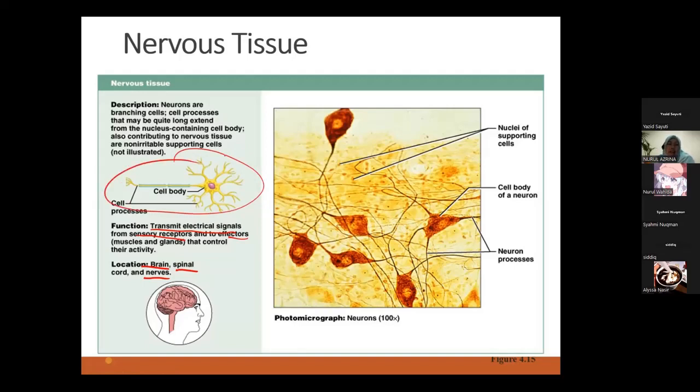And this is neurons. So besides the neuron itself, there are other supporting cells surrounding the neuron, right? So what are the supporting cells? We call them neuroglia. Okay, so we will touch on neuroglia later.